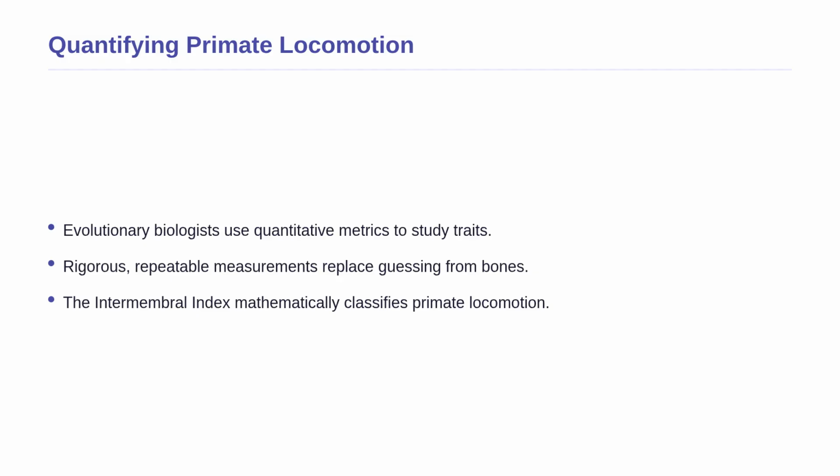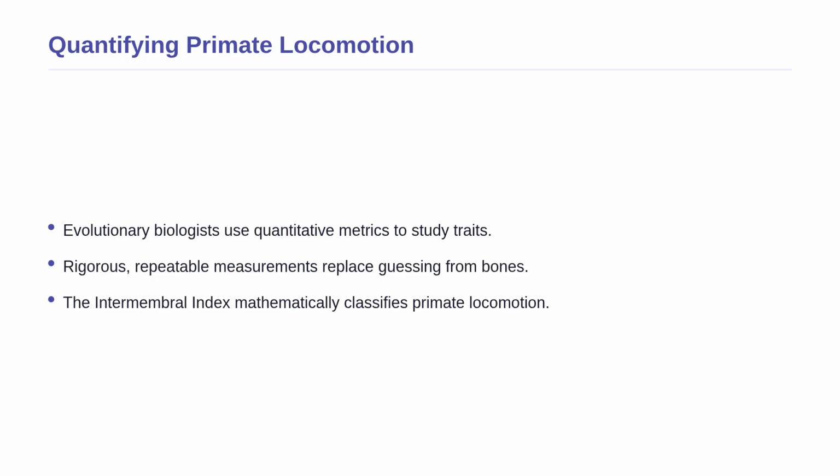Up to this point, we have discussed primate characteristics in anatomical and behavioral terms. But how do we measure them scientifically? Evolutionary biologists and physical anthropologists use quantitative metrics to understand how these traits function in different environments. We cannot simply look at a bone and guess how an animal moved.